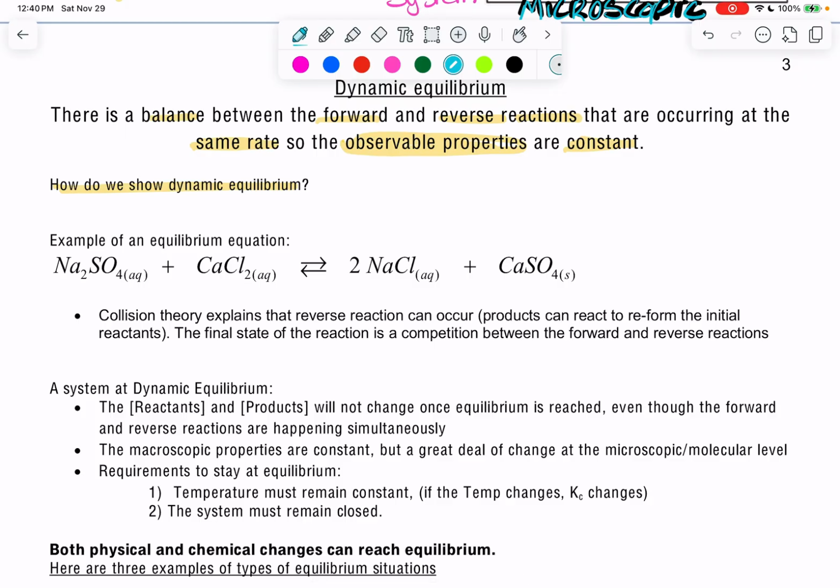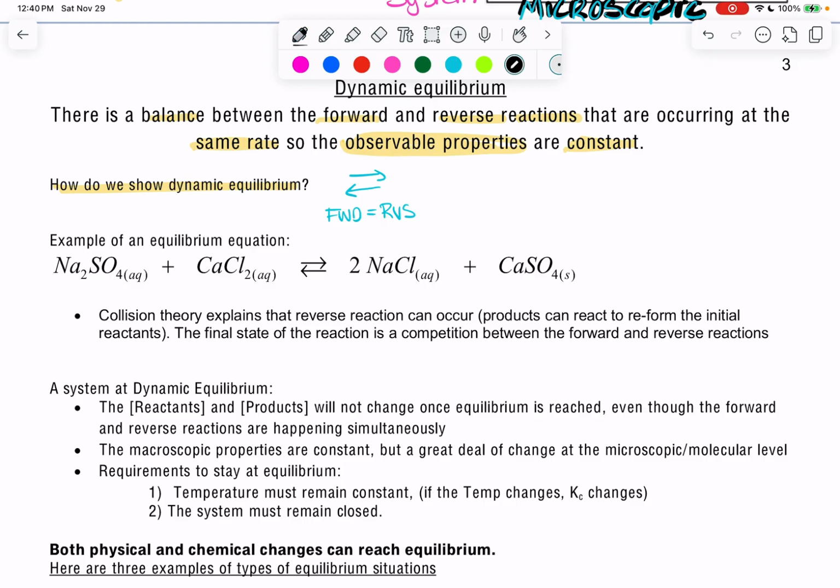If the arrows are of the same length, that means that the forward reaction is equal to the reverse reaction. They're happening at the same rate.